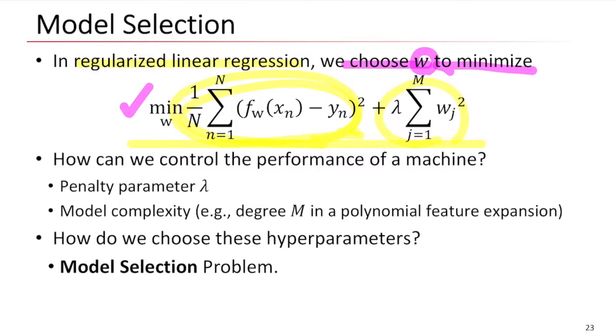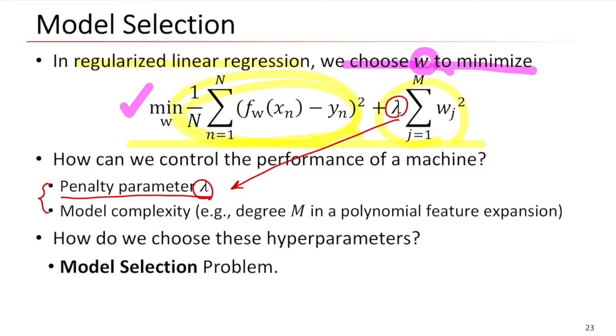Then how can we control the performance of the machine? There are two kinds of things we can do. First, we can adjust the penalty parameter lambda, as we saw in the previous slide, to adjust the performance of this linear regression model.